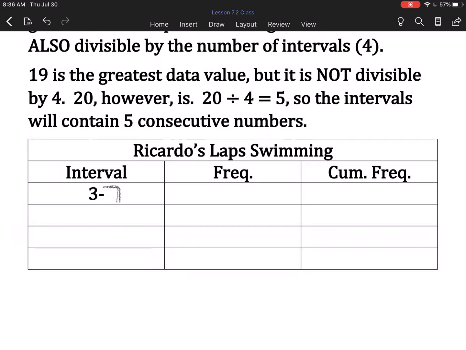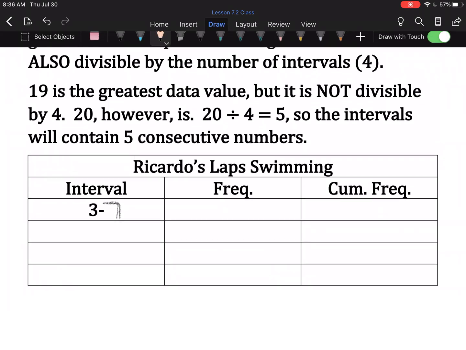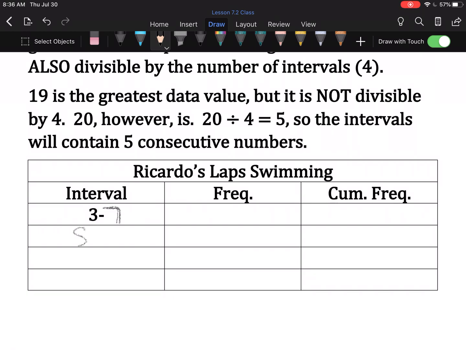Okay. 3, 4, 5, 6, and 7 are 5 numbers. I know 7 minus 3 is 4, but 3, 4, 5, 6, 7 is 5 numbers. The next interval starts on the next number then. So 8, 9, 10, 11, 12 is 5 numbers. 13, 14, 15, 16, 17 is 5 numbers. And 18, 19, 20, 21, 22 is 5 numbers.